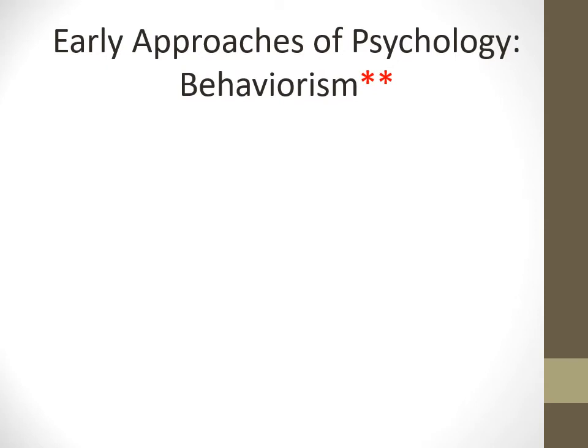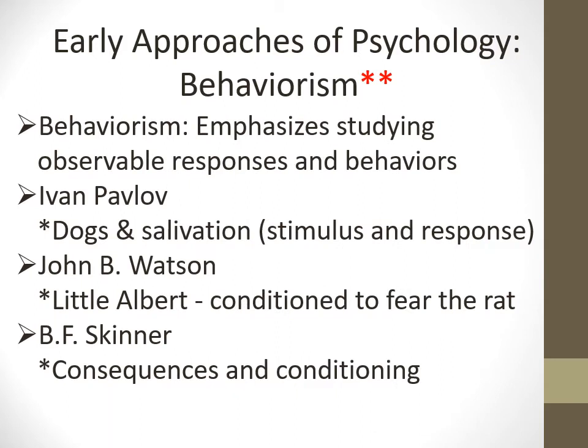Another early approach of psychology is behaviorism. Behaviorism started to focus on only what is observable, as opposed to what's in the mind. So this was a jumpstart for a lot of psychologists, such as Pavlov. So Pavlov had his experiment with his dog and salivation, which is the stimulus and response.